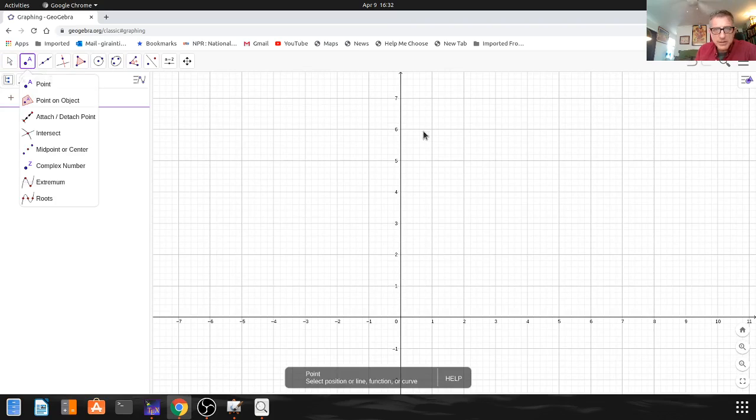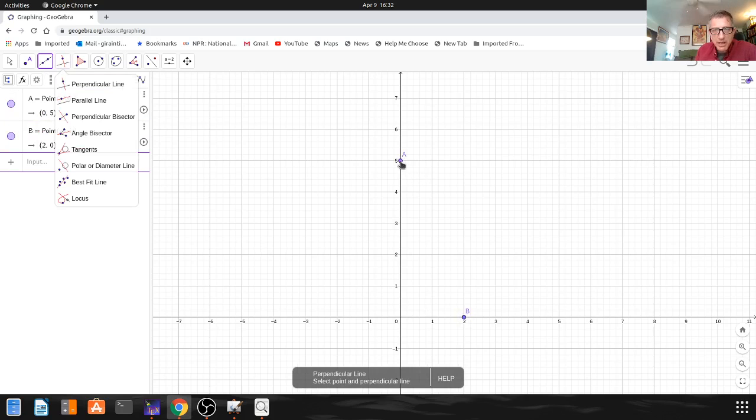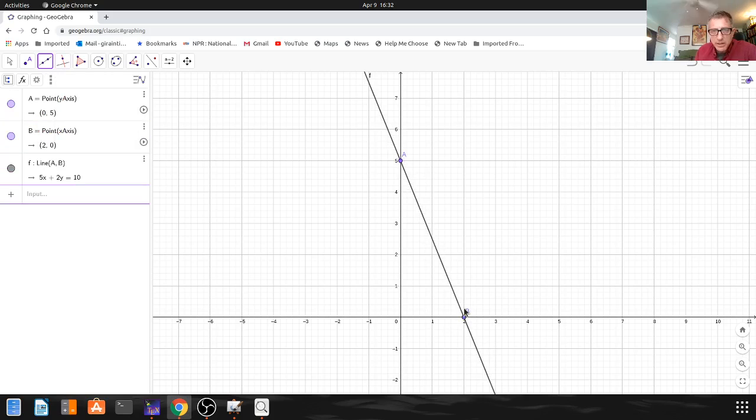So right here is 0, 5. And my next point was 2, 0. 2, 0 is my x-intercept. And we can draw a line through those, and we're good to go. Okay. Now, here we go.